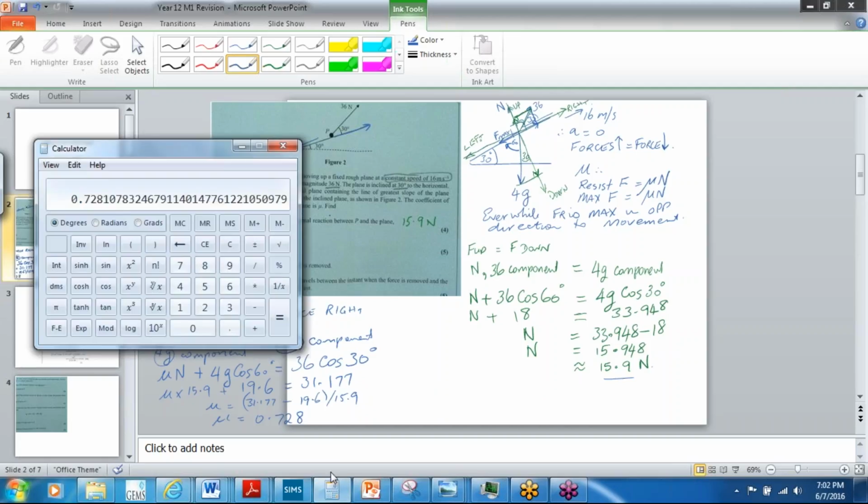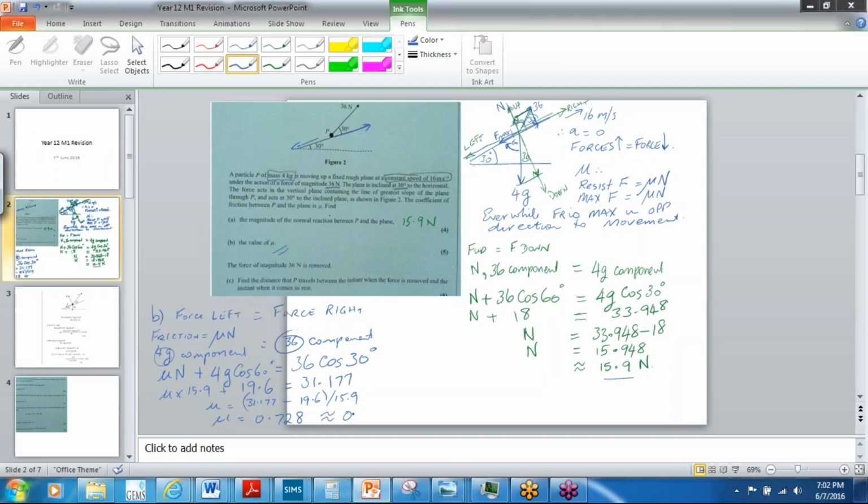Let's just check that. So let's just call that approximately 0.73. So we will put mu is approximately 0.73.